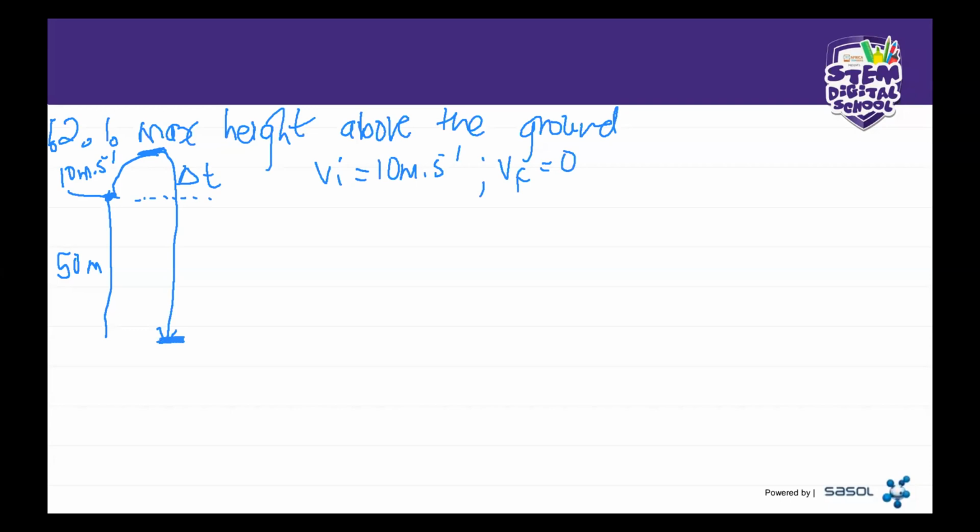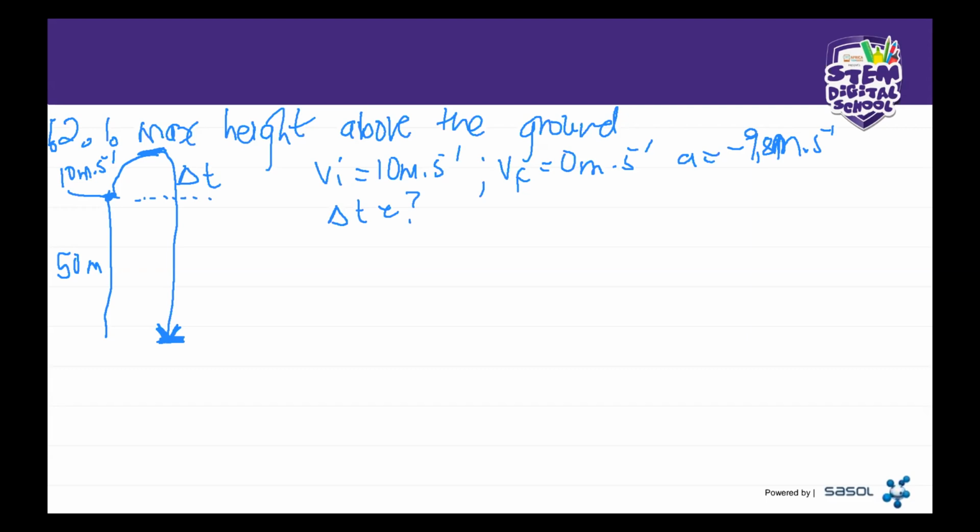Remember, stone falls on the ground. So here, our final velocity is going to be 0 meters per second negative 1. And then we've got our acceleration, which in this case is minus 9.81 meters per second negative 1. We can just say 9.8 just for workout purposes. So what are we looking for here? We're looking for our triangle T. We're looking for our change in time.